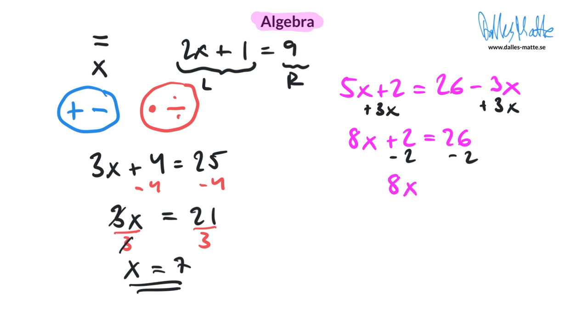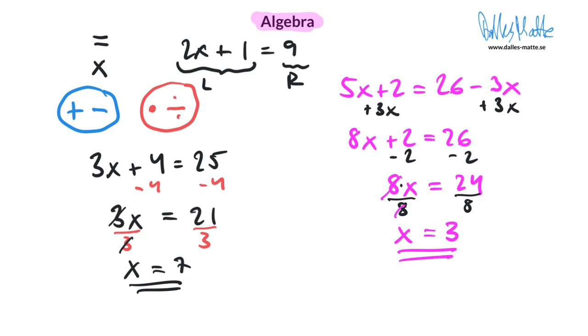Then I have 8x on the left side equal to 24. And you have a multiplication between 8 and x, and the opposite of multiplication is division. So I divide by 8 and exactly the same on the other side. Then I can take the 8 away, and then we have x equal to 3. And this solves the equation.